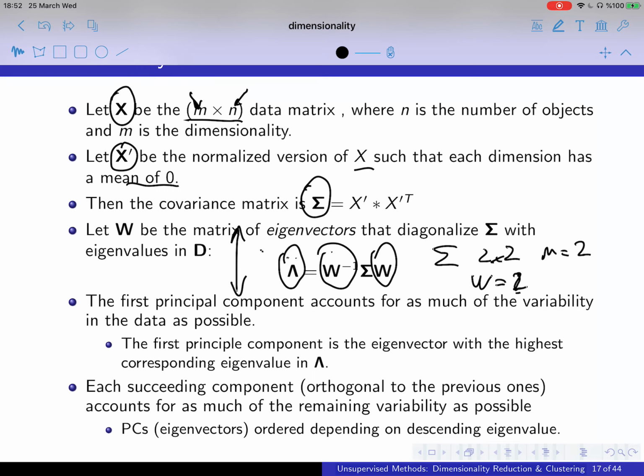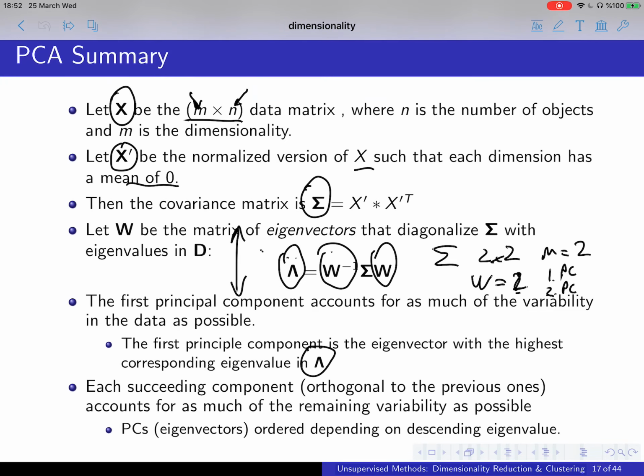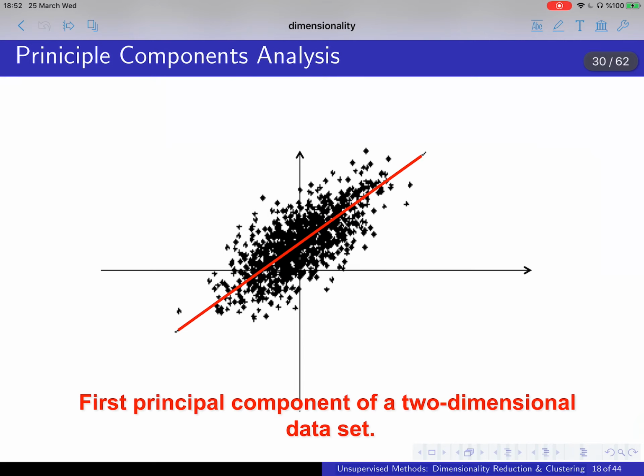So it's essentially 2 vectors, one of which is the first principal component, the other is the second principal component, and you decide which is the first principal component depending on which one has the higher corresponding eigenvalue lambda.